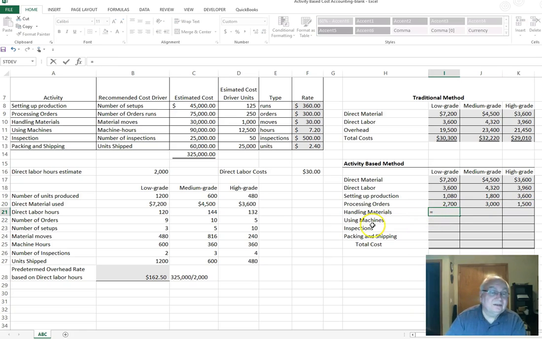Handling of materials. Okay, that's based on material moves. And that will be times the 30. So that's 14,400. And then we take the 816 times 30 and the 240 times 30.